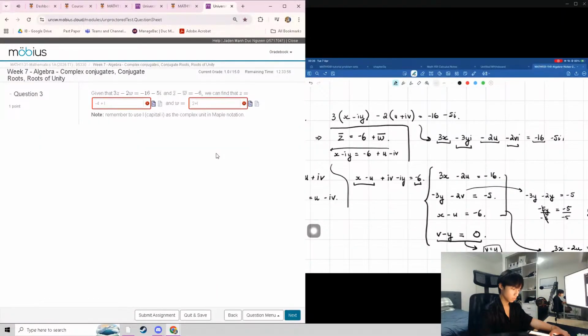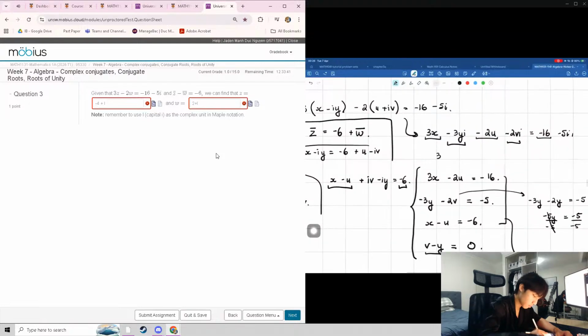Minus 2u minus v. So we get minus 3 minus 2 is equal to minus 5. Maybe it seems like we could have done like 3x minus 2u. That's the real part. Plus minus 3y minus 2vi is equal to minus 16 minus 5i.